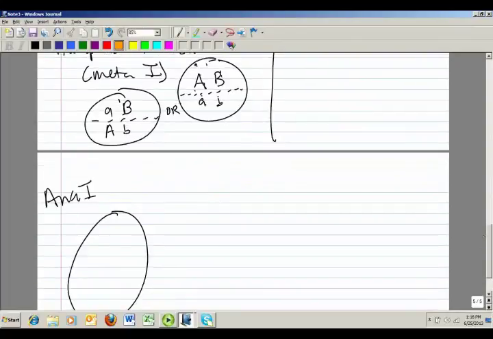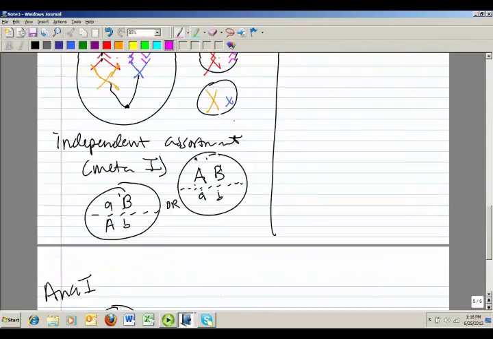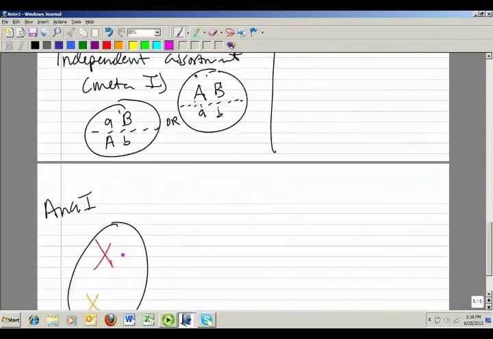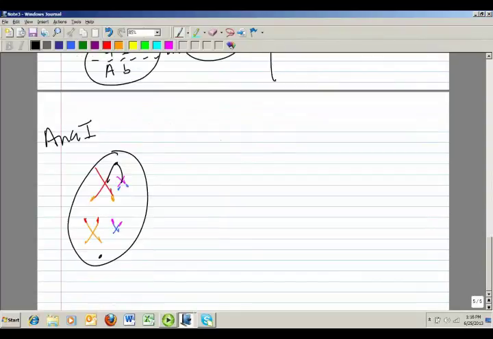I'm going to pull the orange X, and I will orient it. Remember, we have little bits of the homologs on the other chromosomes because we did crossing over. This is pulled by the spindle, of course, to opposite sides. Okay, that's anaphase 1.